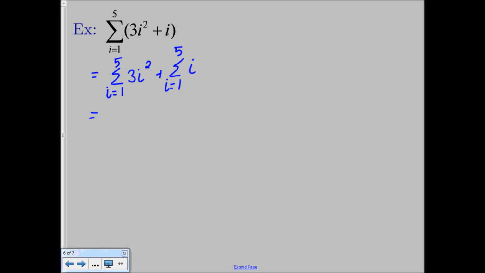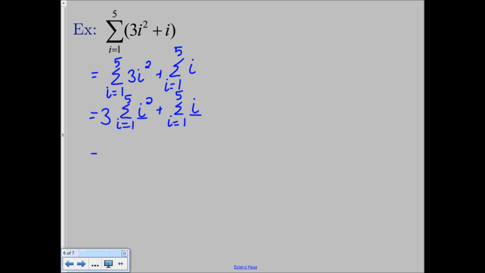Then we use that constant rule to bring the 3 outside of the first sum, so we get 3 times the sum of i squared plus the sum of i. You always want to keep breaking your sums down until you just have i's left on the inside, so that you know how to use your formulas properly.